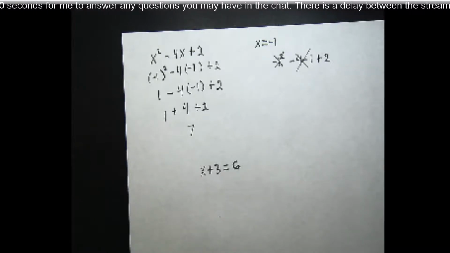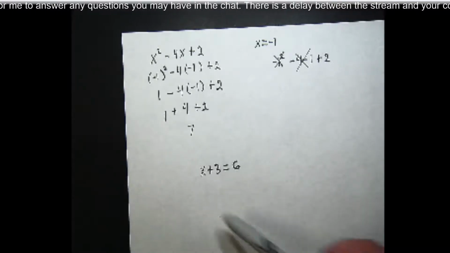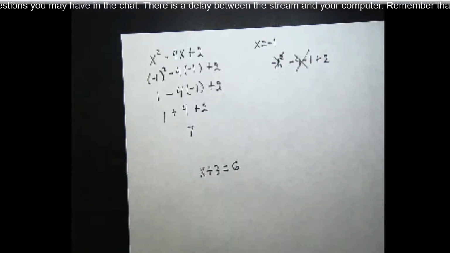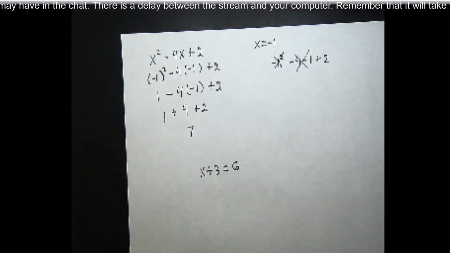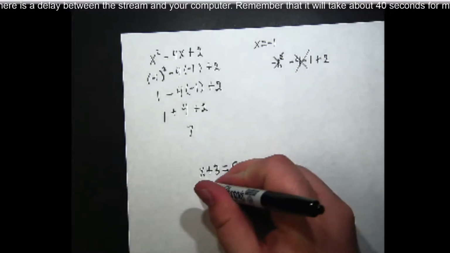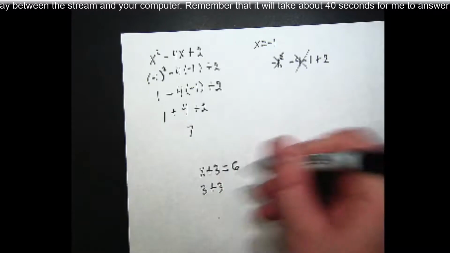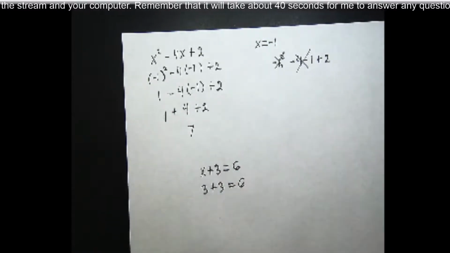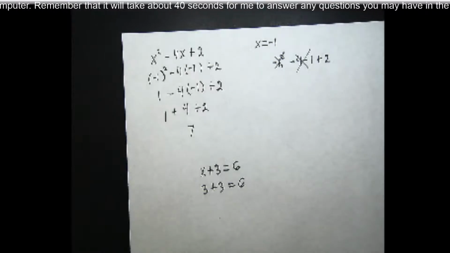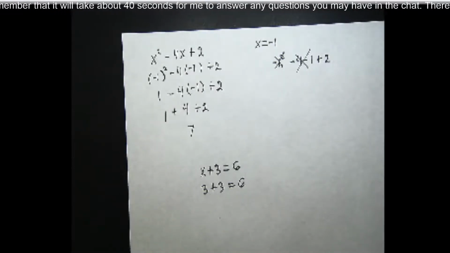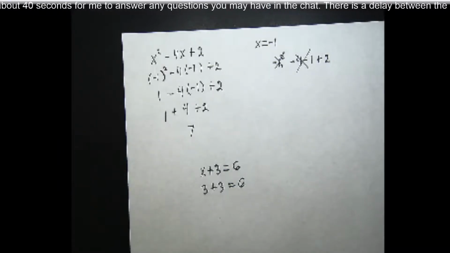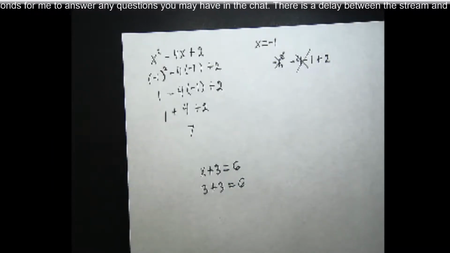Okay, so what would we need to do to make this equal to 6? What would x have to be? Well, this one is pretty simple. We can just say, oh, well, I know, 3 plus 3 is 6. Now, are we going to have problems like this where we can just guess what x is?